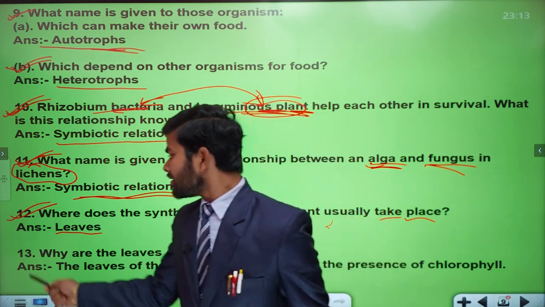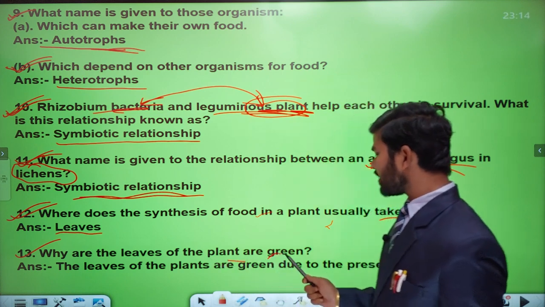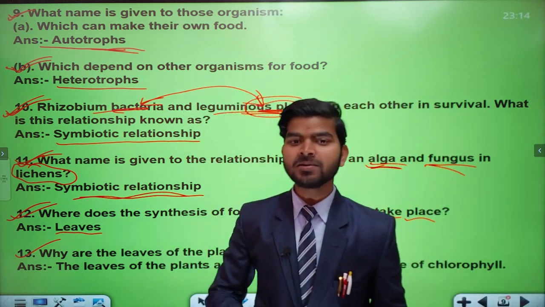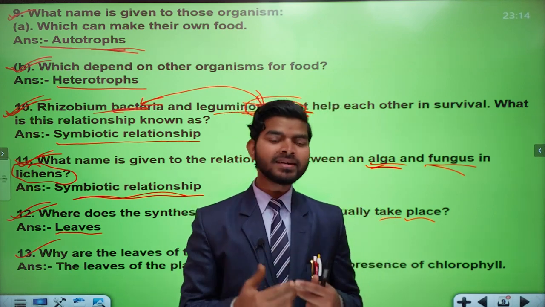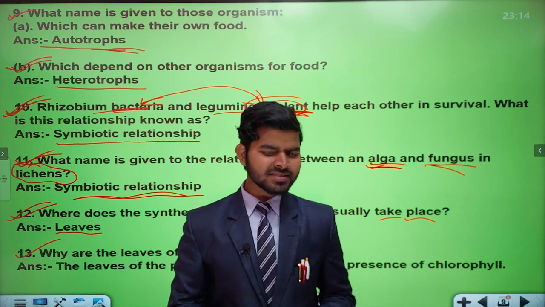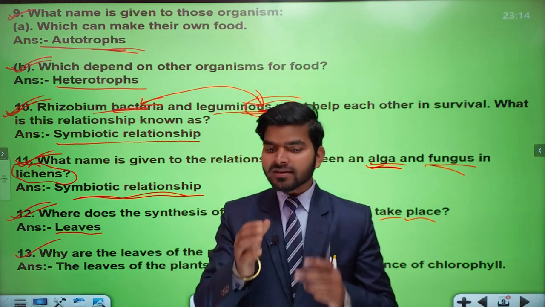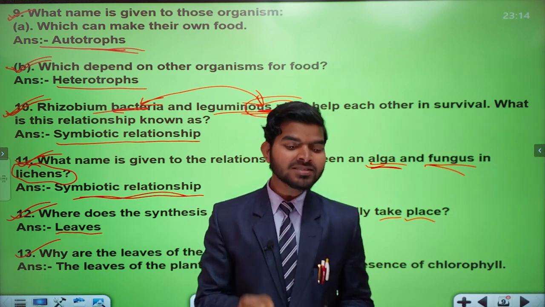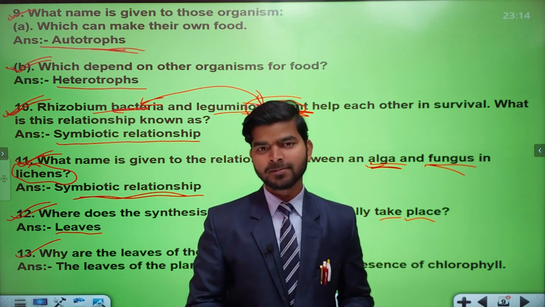All right. Next question, why are the leaves of plants green? I have given you the concept of chlorophyll. You have already asked me in the classes, sir, why is the color of the leaves green? And I have told you, the color of the leaves is green due to the presence of chlorophyll.